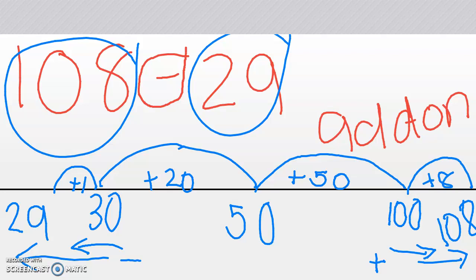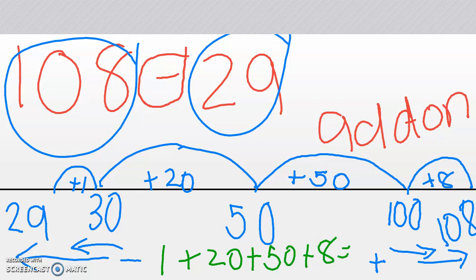So I'm going to take another color. I'm going to take green. And then we're going to add 1 plus 20 plus 20 plus 50 plus 8.